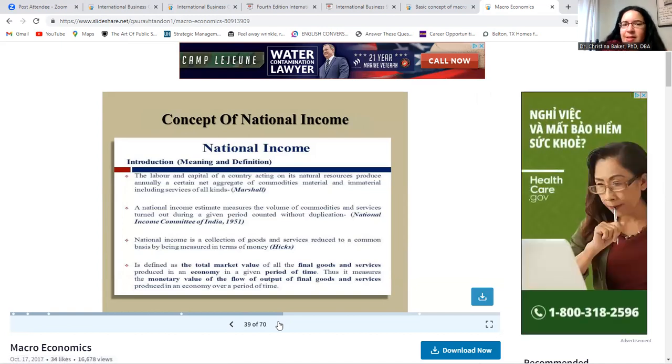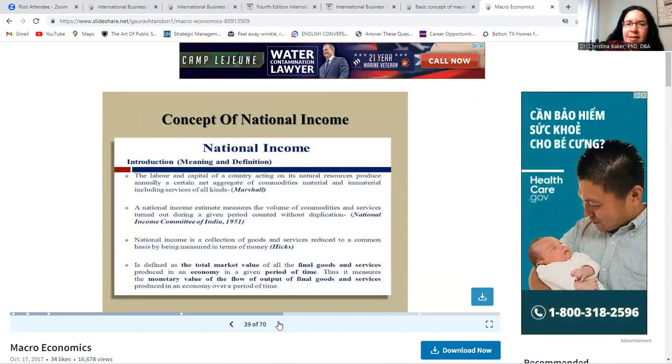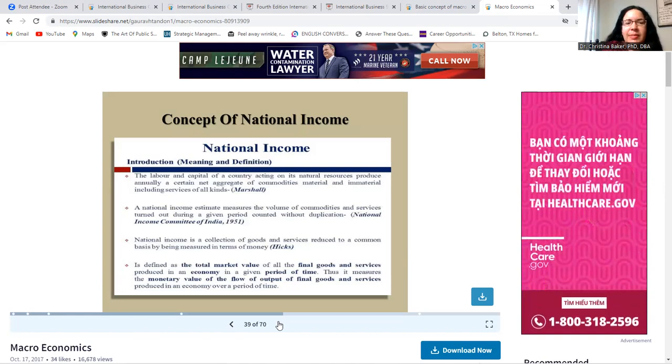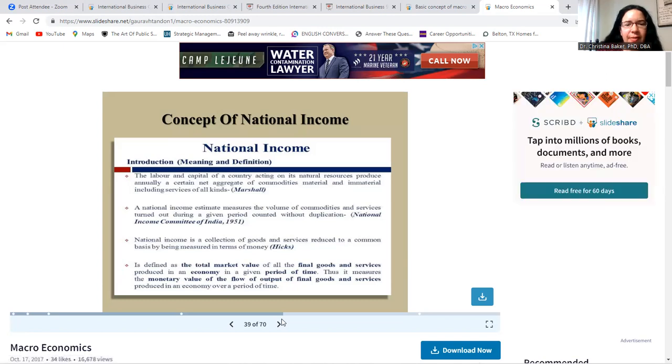A national income estimate measures the volume of commodities and services turned out in a given period, counted without duplication. National income is a collection of goods and services on a common basis, measured in terms of money, and defined as the total market value of final goods and services produced in an economy in a given period of time. It refers to the monetary value of the flow of output of goods and services of the economy during a period of time. I just wanted to go over that basically with you.